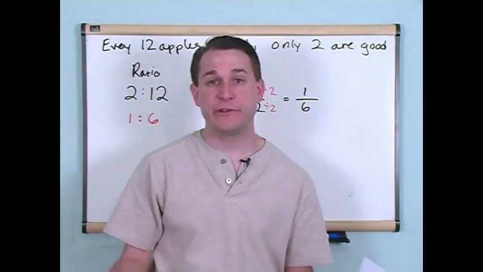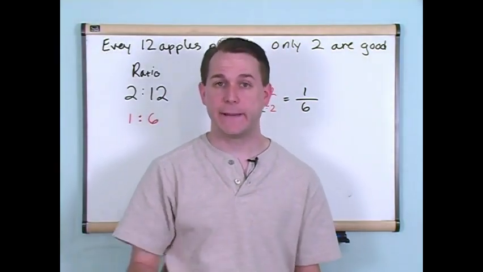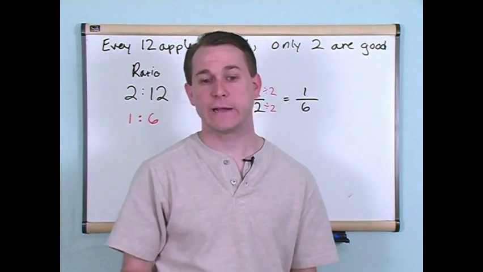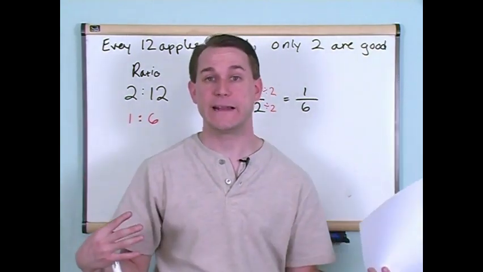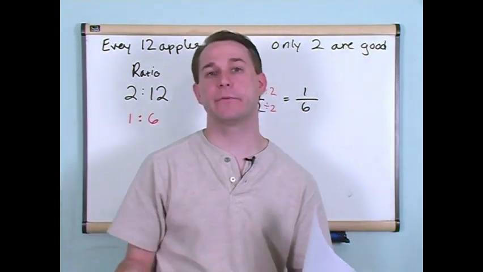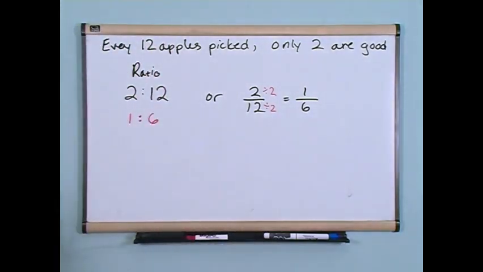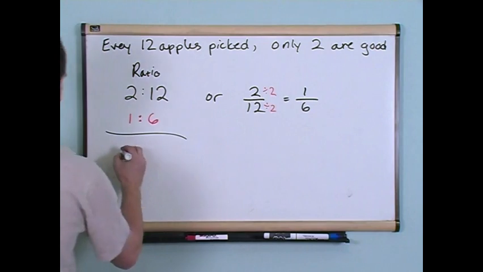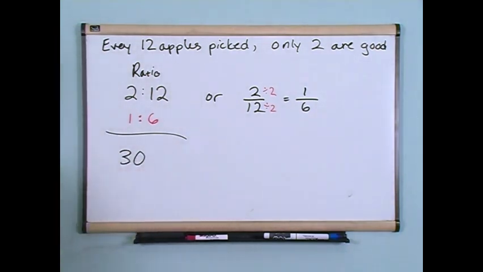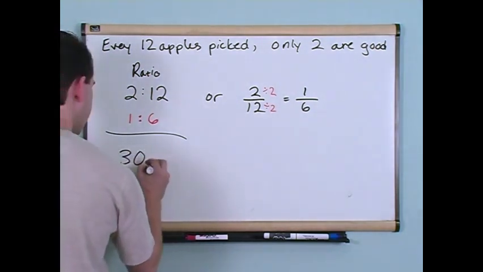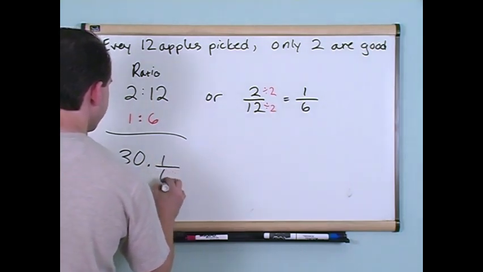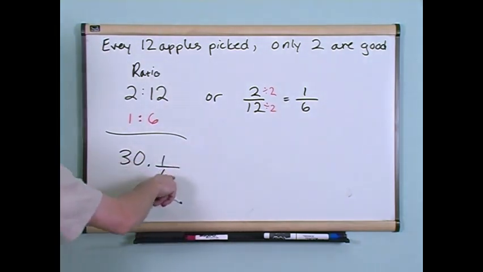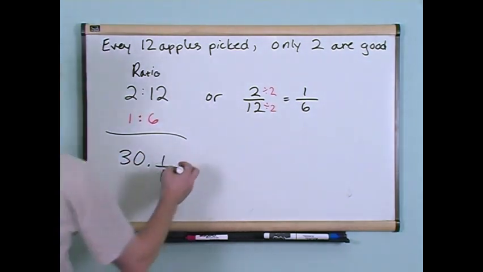So now I have a ratio, 1 to 6, good apples to bad, and then I go back to the store and I pick 30 apples and I take them home. How many good apples do I expect to have? Well, it's not that hard. You take the 30 apples that you're picking and you just multiply by your ratio, which is 1 good apple to 6 bad apples, okay?